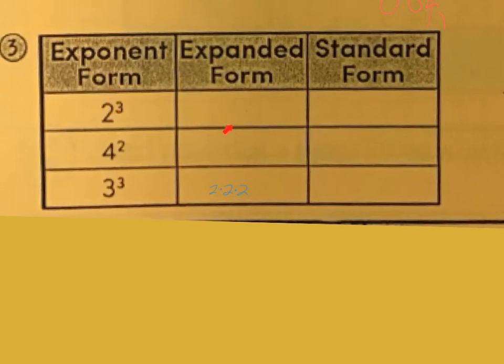So 2 times 2 times 2. Now, standard form is actually figuring out what 2 times 2 times 2 is. Well, the way that you look at that is go, okay, what's 2 times 2? 4 times 2. That's 8. So my answer is 8. All right. So I would like you to try that on your own for 4 to the second power and 3 to the second power.